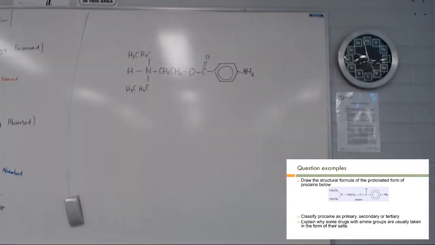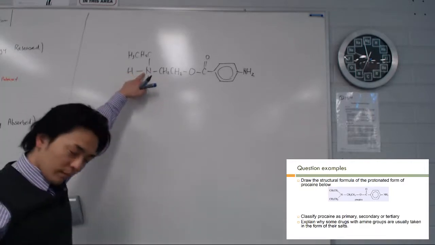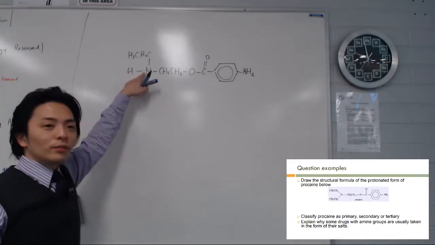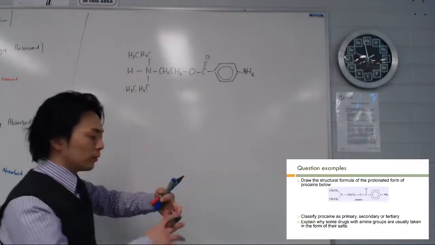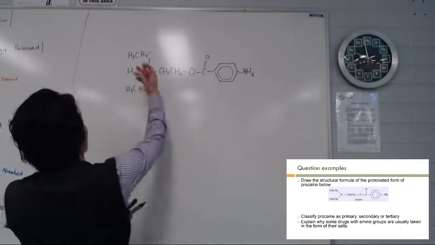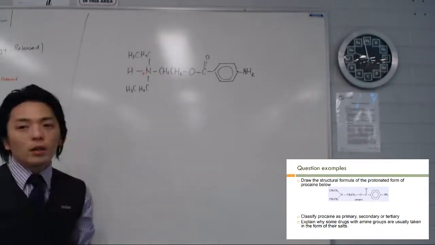I guess in that structural formula, the biggest hint was the lone pair of electrons, the non-bonding electron pair that was appearing there. And again, make sure you have a positive there.